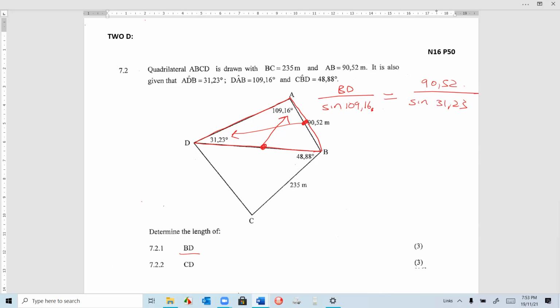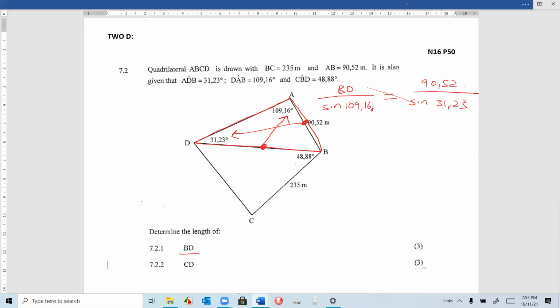Now what we're going to do is cross multiply. So BD times sine 31.23, and then cross multiplying this way gives us 90.52 times sine 109.16.